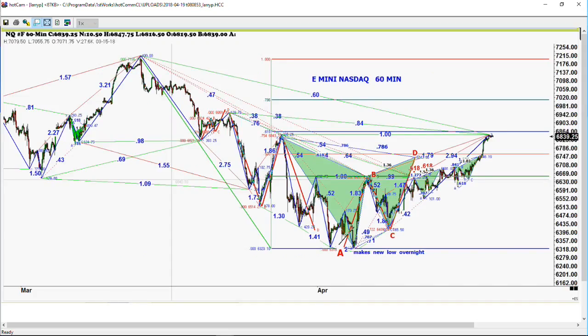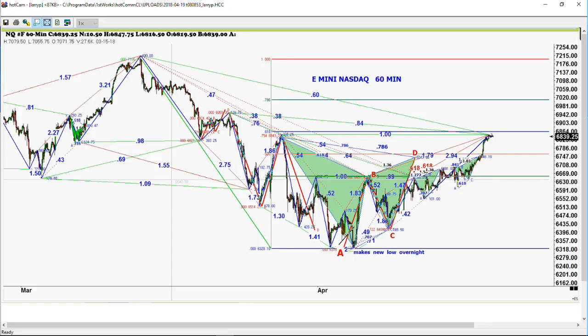We hit that spot on 61% retracement within 2 points of the NASDAQ. We've only come off about 35 or 40 points since then, but that was absolutely a spot on perfect ratio. So we need to pay really close attention to that one. It's very, very important.